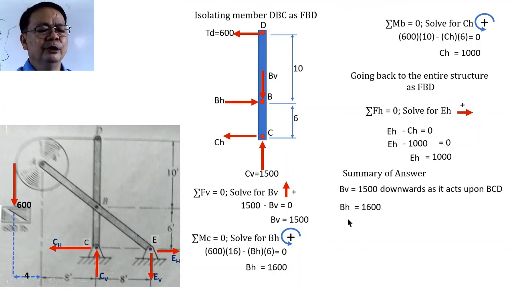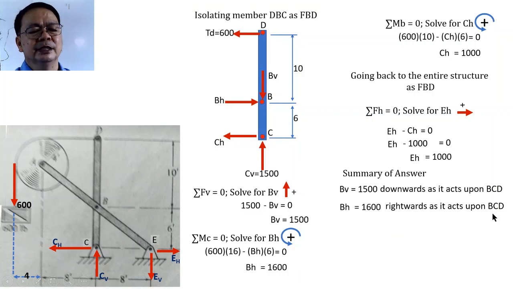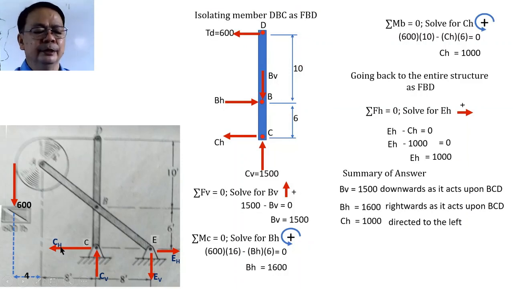Similarly, the value of P sub H is 1,600, and it is directed to the right as it acts upon BDC. Furthermore, we have the reaction C sub H, which is computed to be 1,000, directed in the rightward or leftward direction.